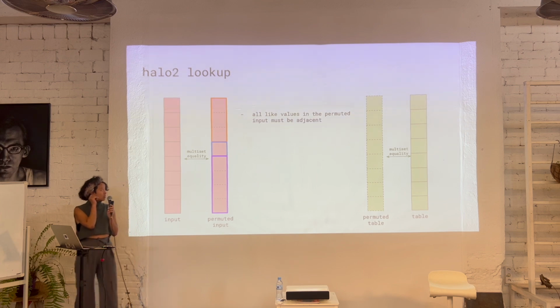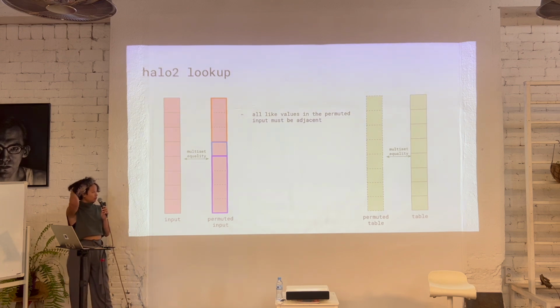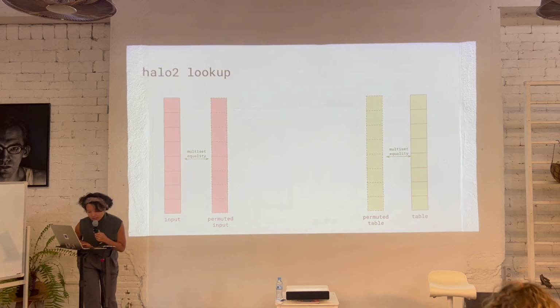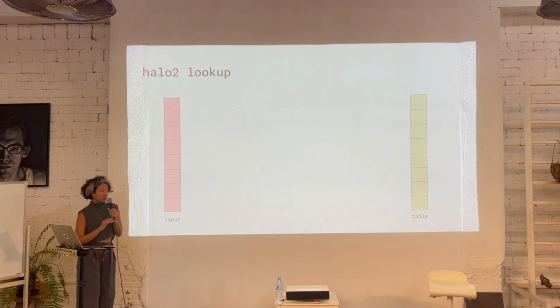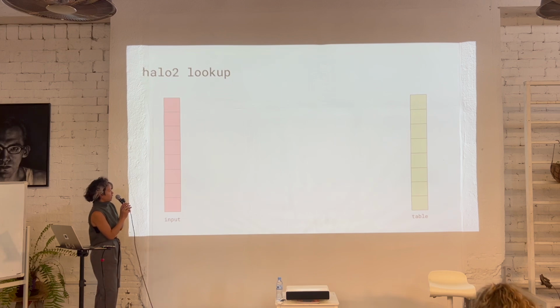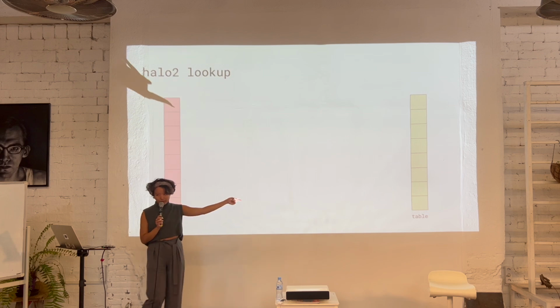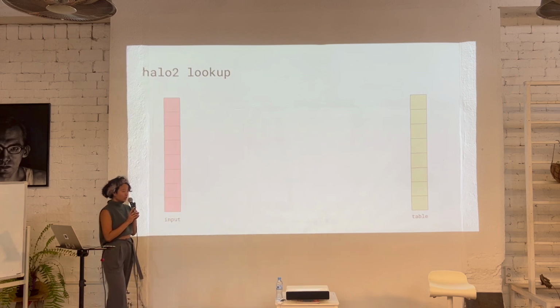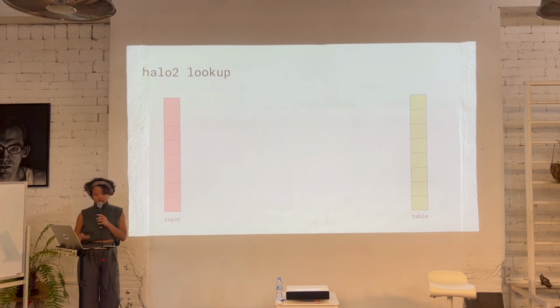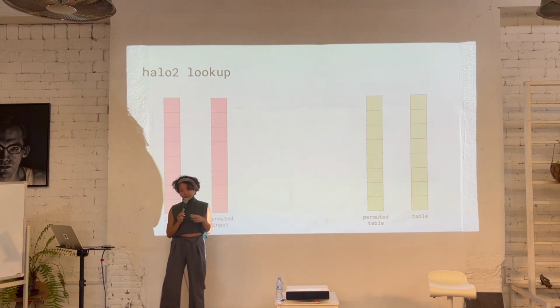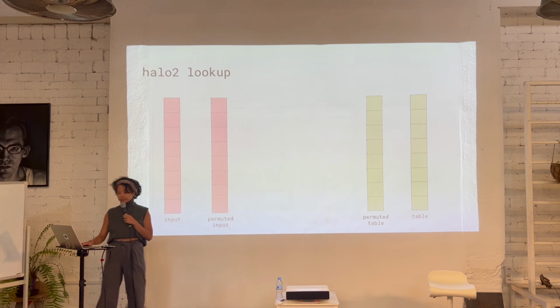That was sort of the most primitive lookup, and it's very, very intuitive. If we want to prove that every element of this input appears somewhere in that table, how we could do it is permute the input and the table in a very special way.